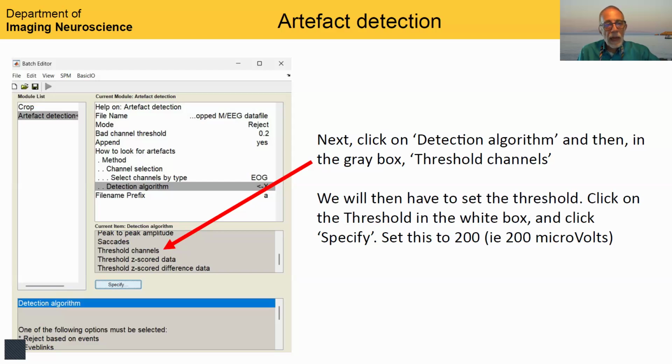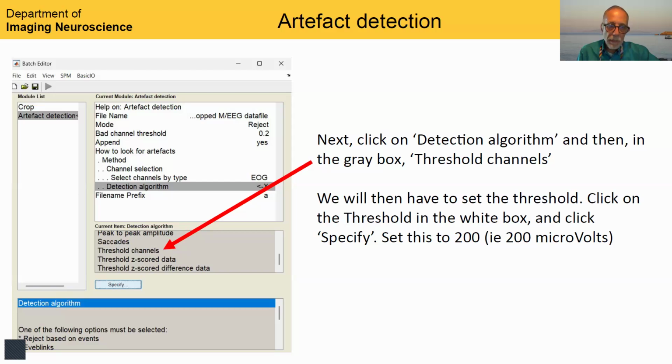Then we have to use the detection algorithm. So we click on the detection algorithm, which has got a big X next to it. And we're going to use a simple threshold, which means that if there's too much of a signal in these EOG channels, we're going to drop this particular segment of data.